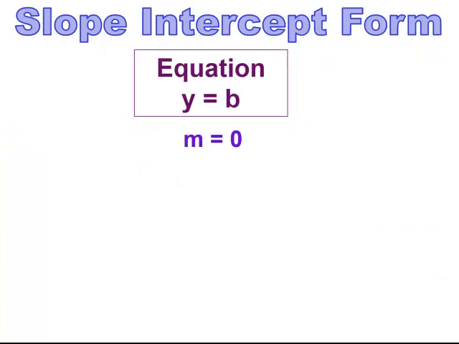So now when you're given an equation and it's just y equals some number, the slope is going to be 0. And remember, when the slope is 0, it's a horizontal line.